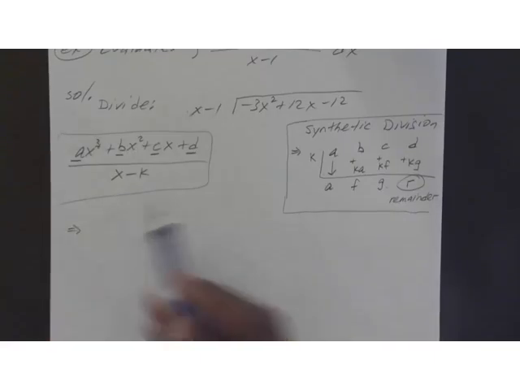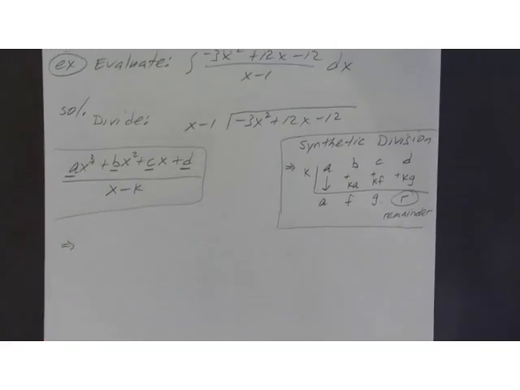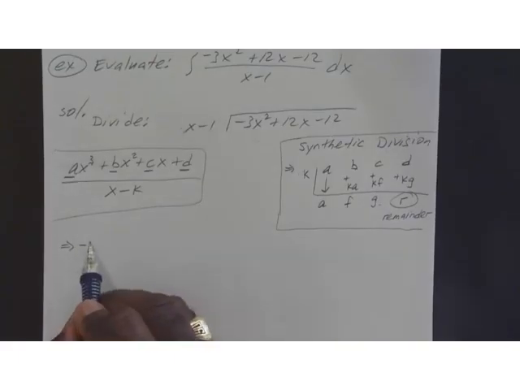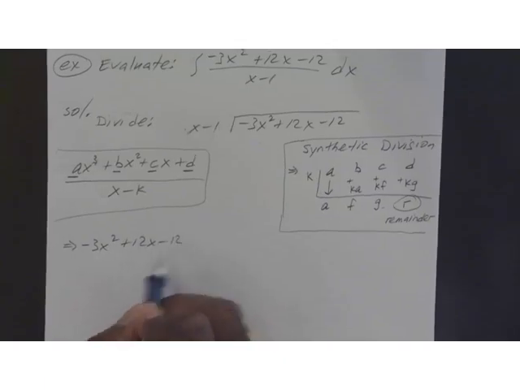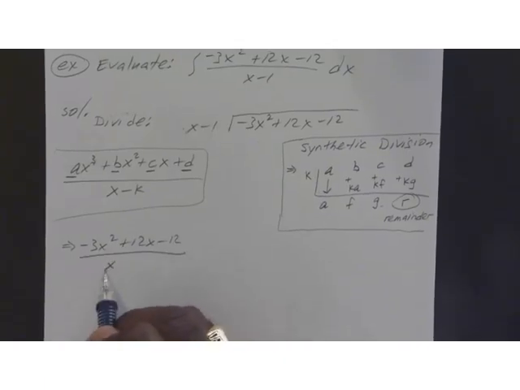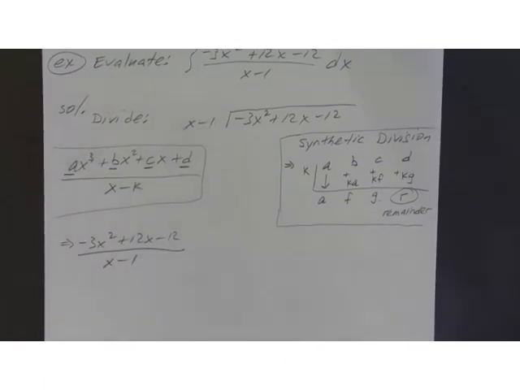So I'm hoping that looks familiar. So if we take our negative 3x squared plus 12x minus 12 divided by x minus 1, we use synthetic division. You see if we match these up, your k is equal to 1.